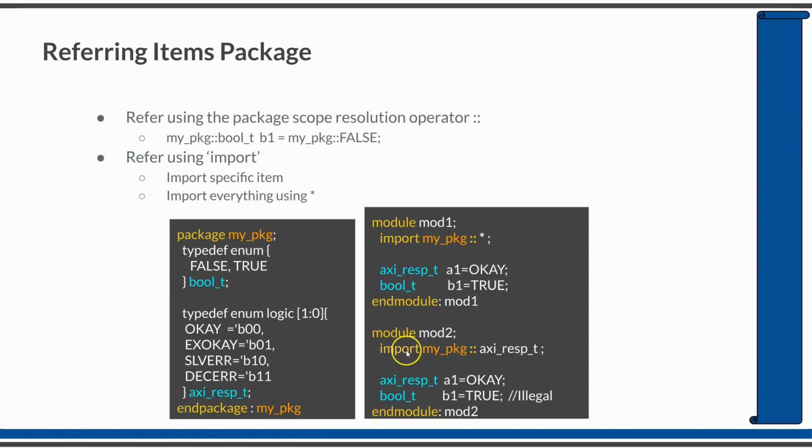So import my_package::axi_resp_t. In this module 2, only the axi_resp_t enumeration will be imported, and therefore you are free to define a variable of this type. But since it is not importing everything, or explicitly importing bool_t as well, you can't define a variable of bool_t type within module 2.